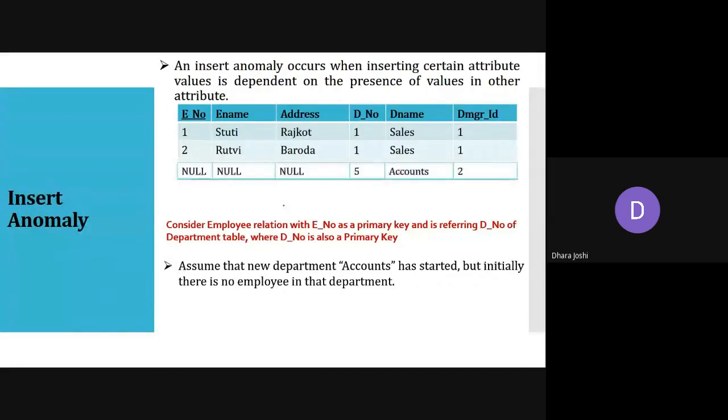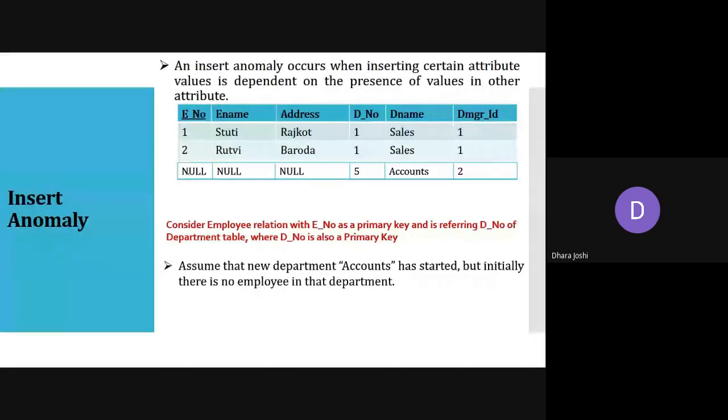So we have just created this department: department number will be 5, department name will be accounts, and suppose the manager ID will be 2. But right now, just the department has started. We haven't recruited any employees.